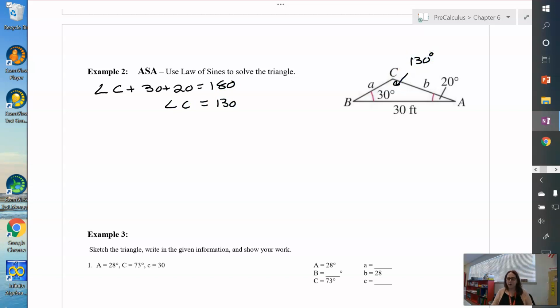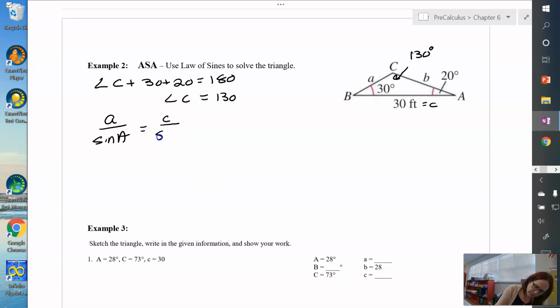And just like before, pick an angle and its opposite side that you know. Well, over here is little c given to us as 30 feet. So little a over sine of A is going to equal little c, which is 30, over the sine of C. Now plug in. And then solving.